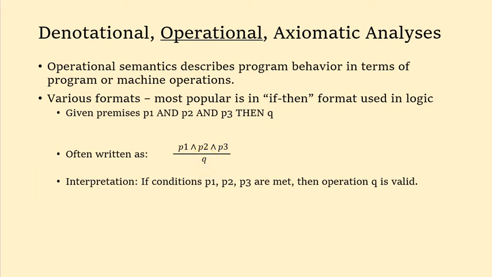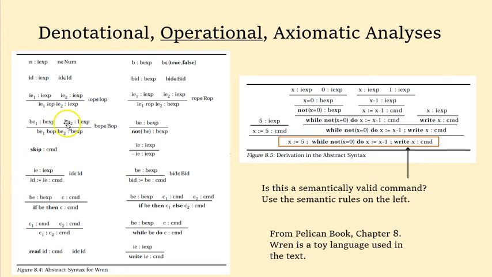And how does this look? I'm not going to go through too much detail, but I know this surprised you, didn't it? What's happening here is this is a mini language called Wren, which the authors of the Pelican book use as their sample programming language. And they've created an operational semantics for these things. You start out with the basic numbers.